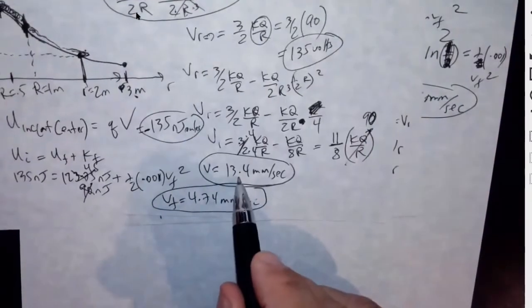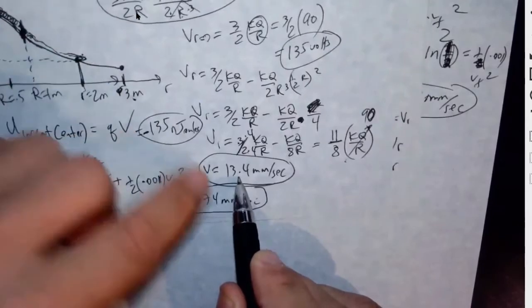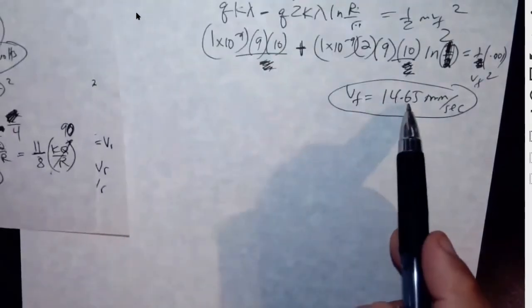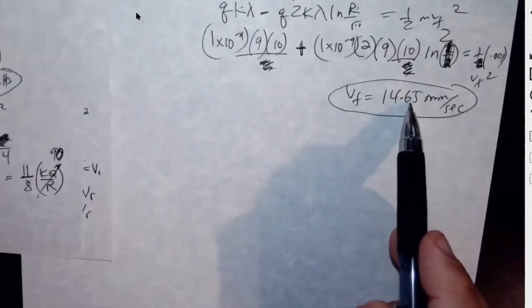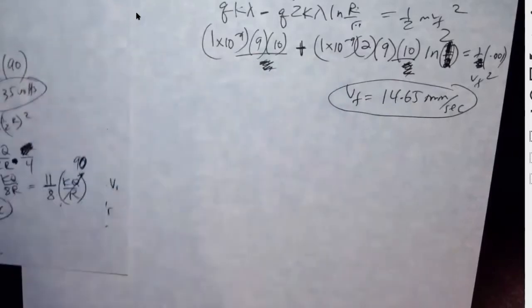Yeah, right here. So 13.4. For the sphere, when it was going all the way to R equals 2, 13.4 millimeters per second. This one, 14.65.